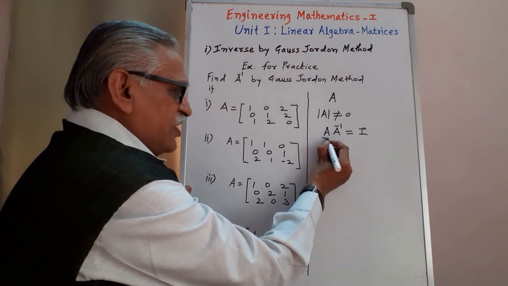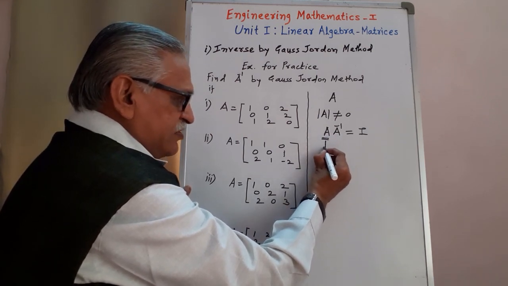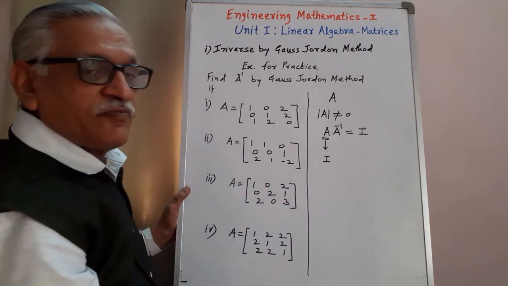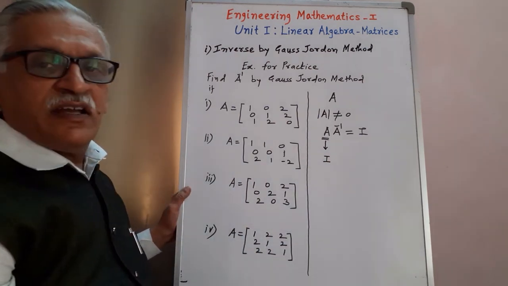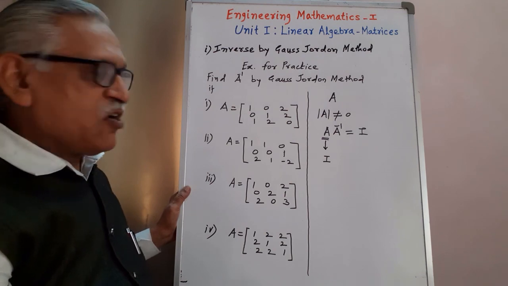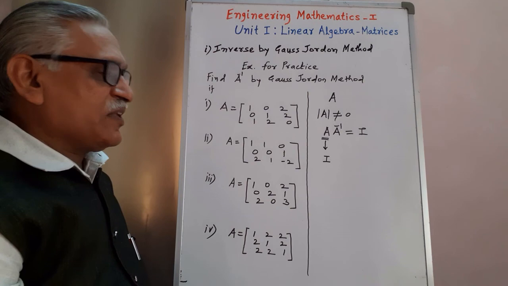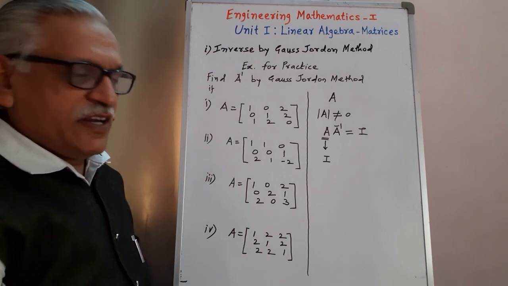Then what we have to do is convert this matrix to the identity matrix by applying elementary row transformations or column transformations. In this example, I have used elementary row transformations.